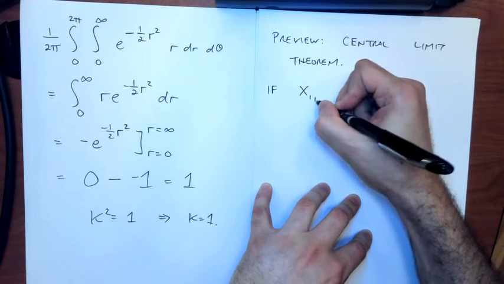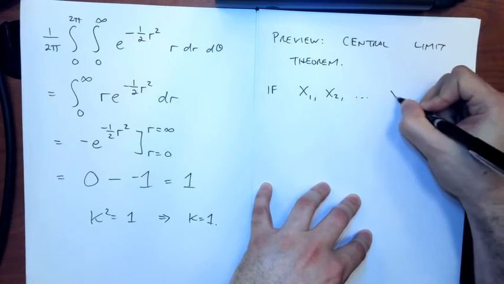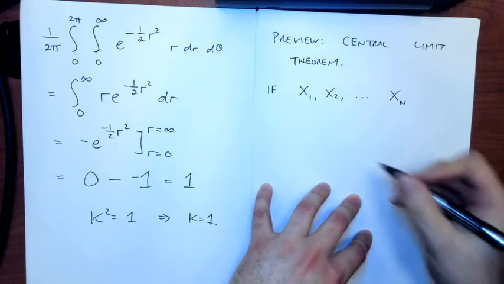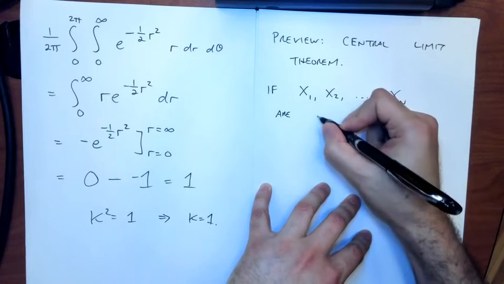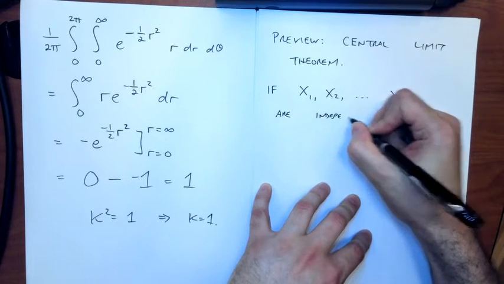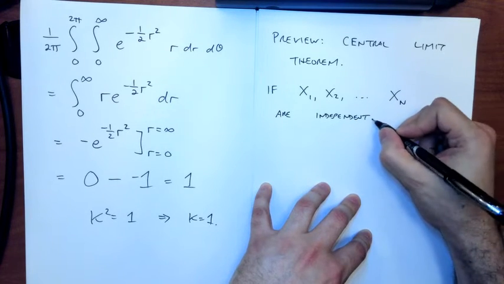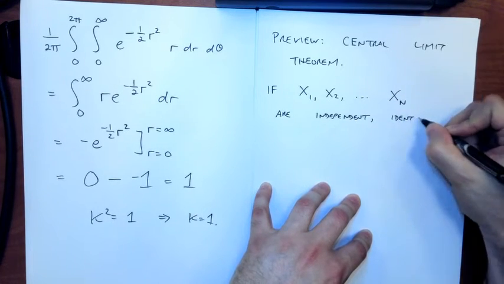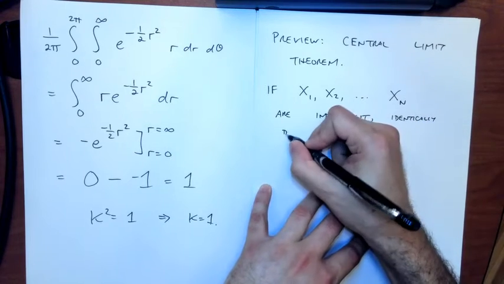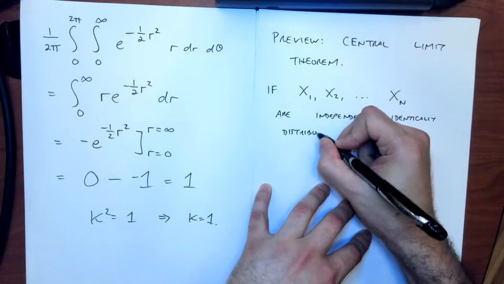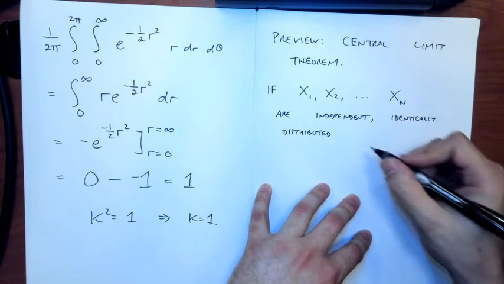What I'm going to say is if I have a bunch of random variables, so if these are independent random variables, and I realize that I haven't really given you all the machinery to understand this yet, but this concept we'll come back to. I just want to give you a little preview.